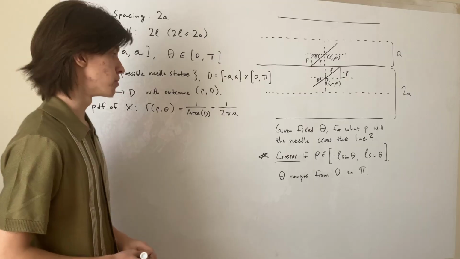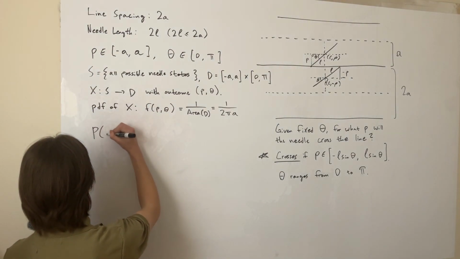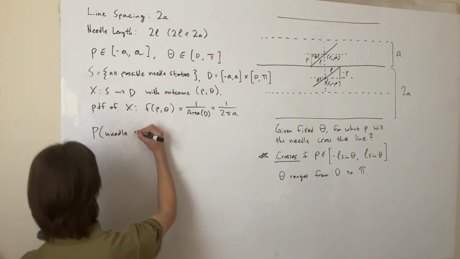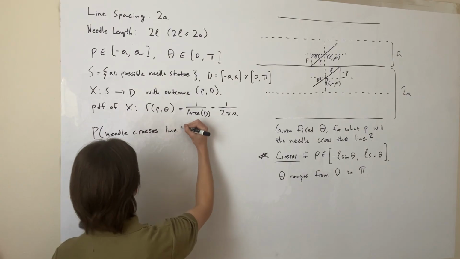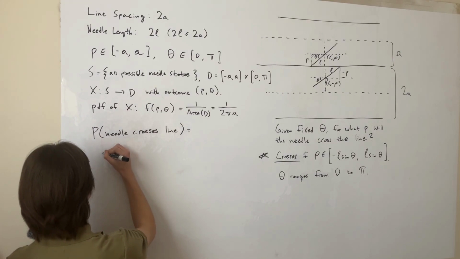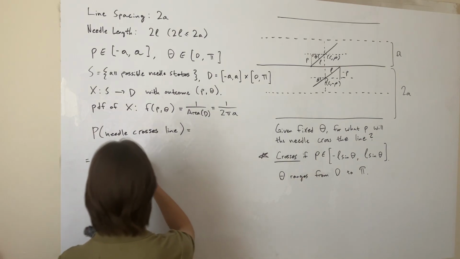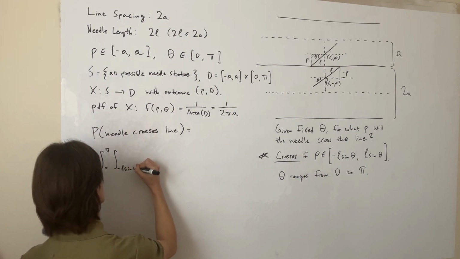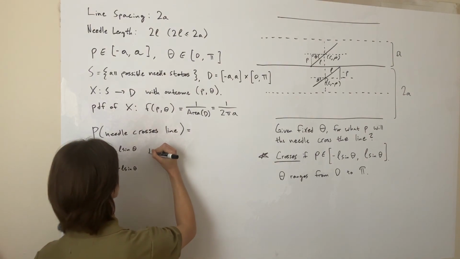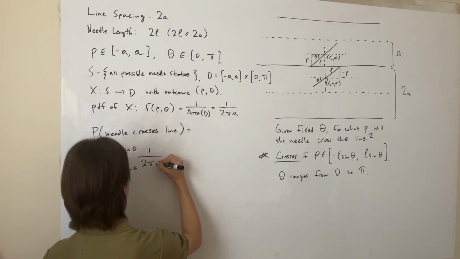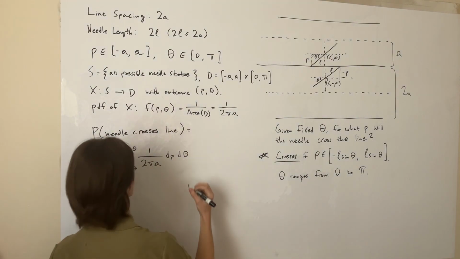That's exactly its purpose. And so we get, finally, that the probability that the needle crosses a line becomes the integral first over theta, so from 0 to pi, and then over p, so from minus L sine of theta to L sine of theta, of the PDF, which is 1 over 2 pi a, first with respect to p, then with respect to theta.